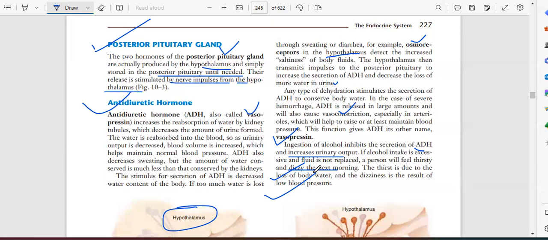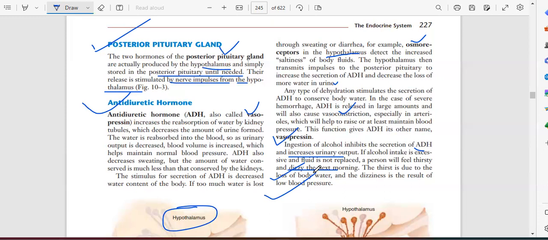Nowadays it is very common that everybody is taking alcohol due to stress, due to their busy schedule, due to their sleepless nights. All the multiple things are there. So whenever they take it, what will happen? ADH decreases. Why?